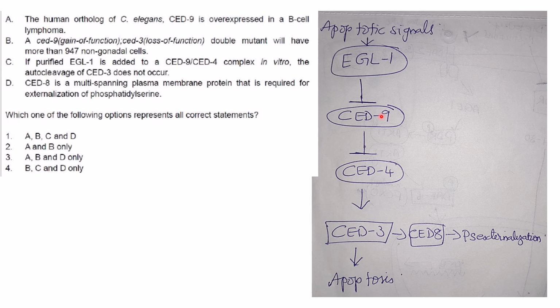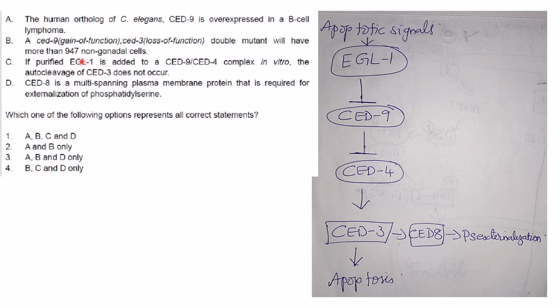In the absence of apoptotic signals, CED9 is found bound to CED4. When it gets inhibited by EGL1, CED9 releases CED4. CED4 then activates CED3 and results in apoptosis. This is what is taking place.